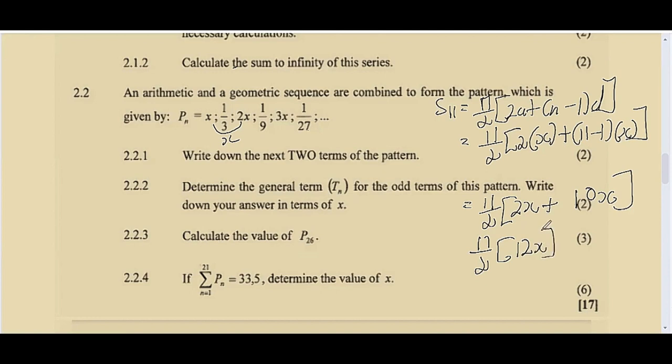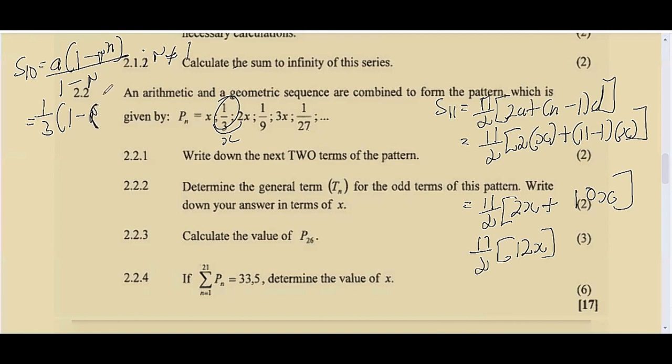Now let's calculate the sum of the 10 terms of the geometric series. So we will have a times 1 minus r to the n, over 1 minus r, where our r should not equal 1. What is our a? It's 1 over 3. Then we have 1 minus r to the exponent of what? What is our r?